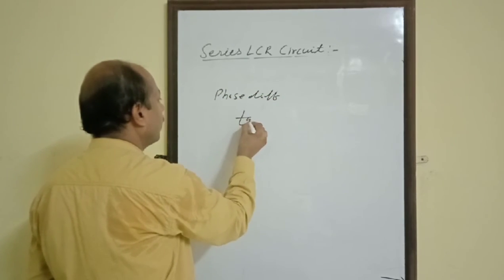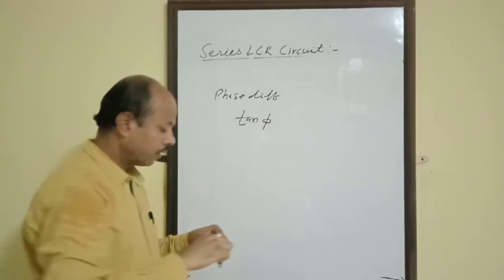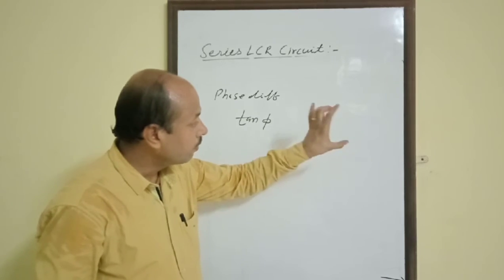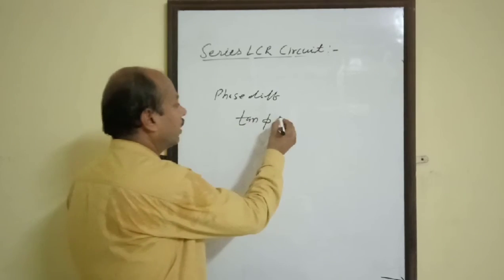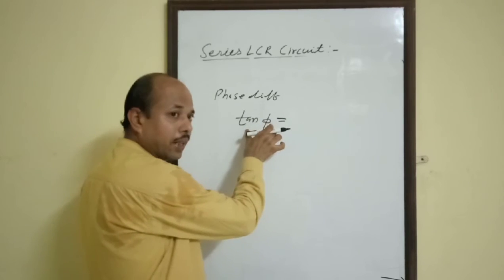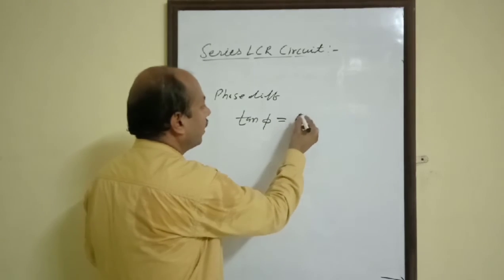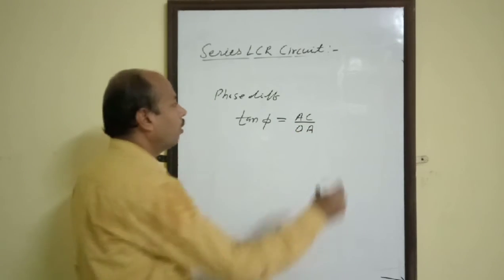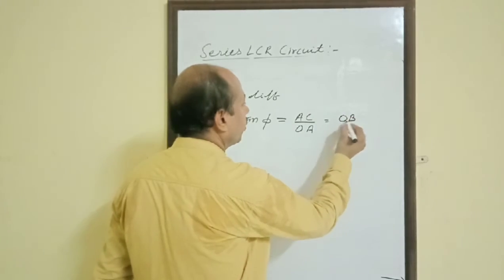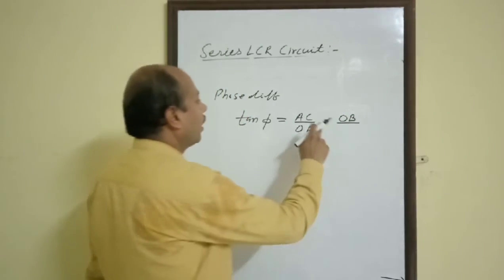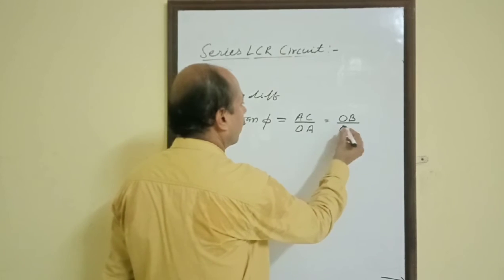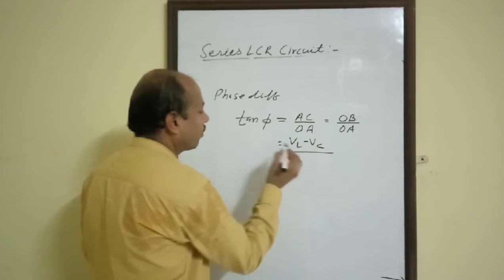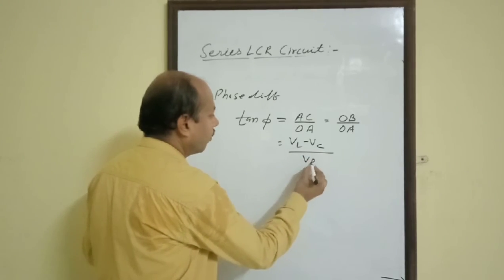Here we can write the phase difference from the phasor diagram that we have already drawn. If we see that phasor diagram, then tan phi can be written as AC by OA, and AC equals OB. Now OB is VL minus VC, and OA is VR.